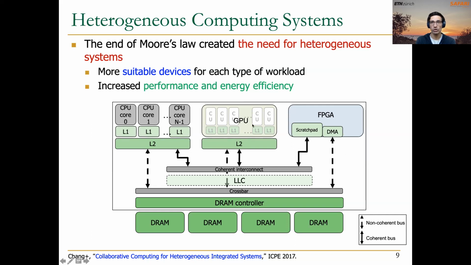All these processors, all these devices have access to some external memory, typically DRAM through a DRAM controller, and they can also share data using the shared levels of cache, and in some cases we also find coherent interconnects to make sure that all these processors always access updated values of the variables.